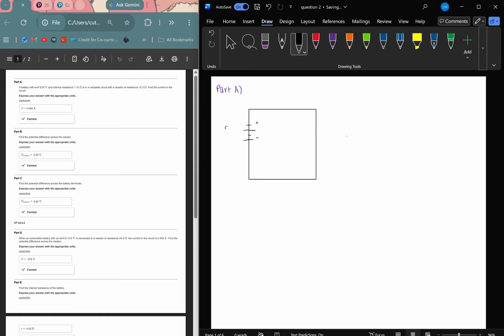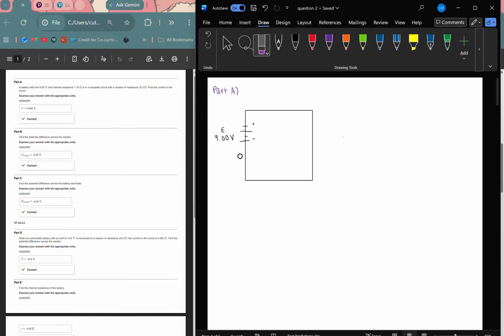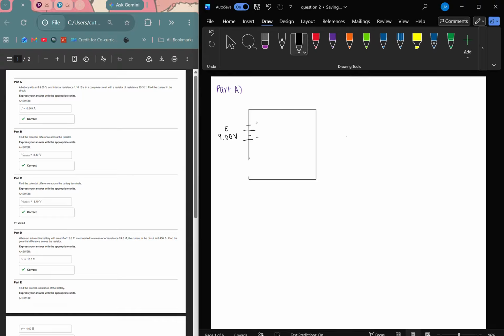I'm gonna put 9.00 volts, and then it says that it has the internal resistance 1.10 ohms. So we're gonna put that here. Okay, so internal resistance is gonna be r, 1.10 ohms, and then it says it is in a complete circuit with a resistor of resistance 15.3 ohms.